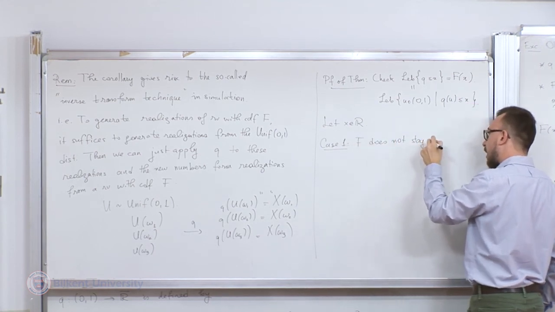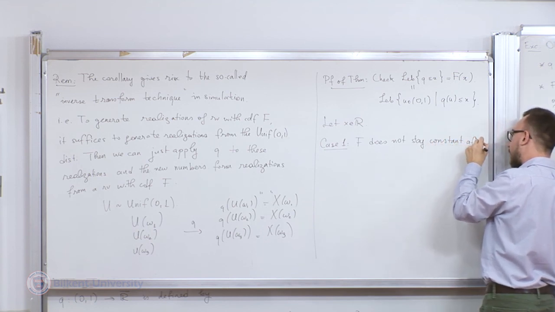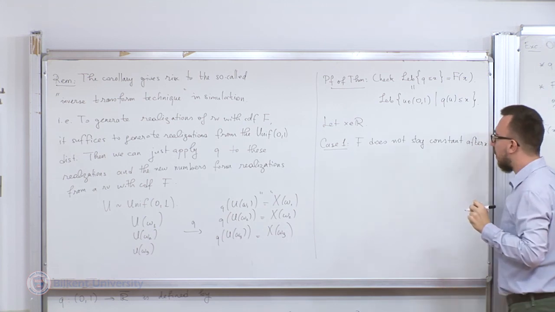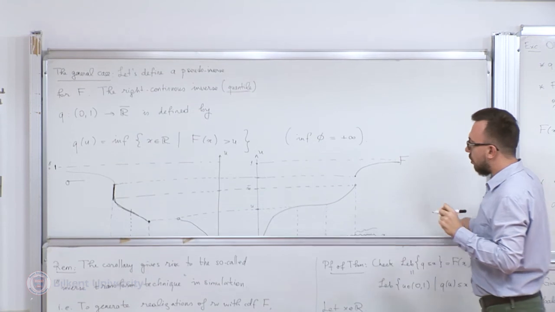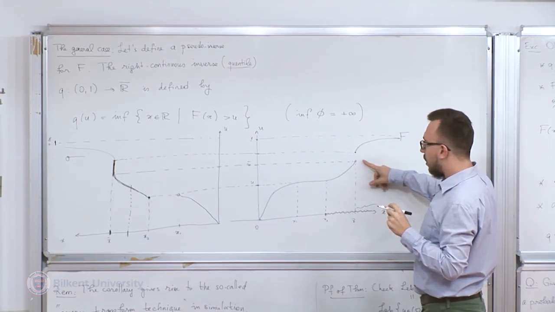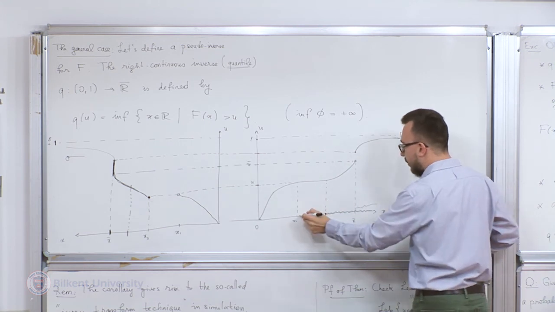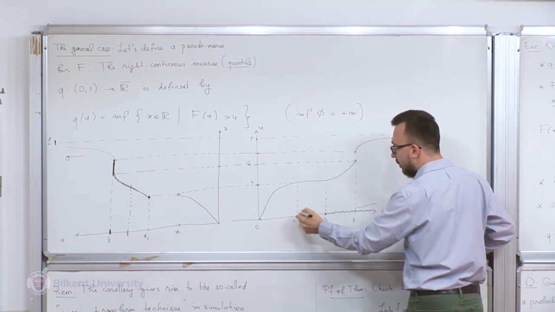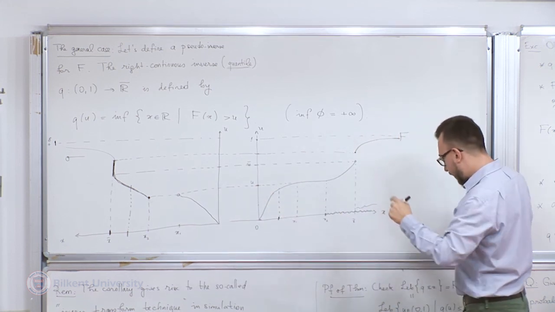So let's look at the case where F does not stay constant after x. So we're not in this region, let's exclude this region. If we're somewhere here, it is really if and only if.